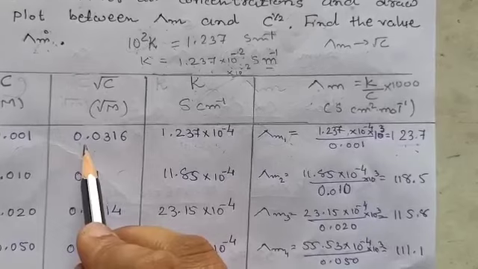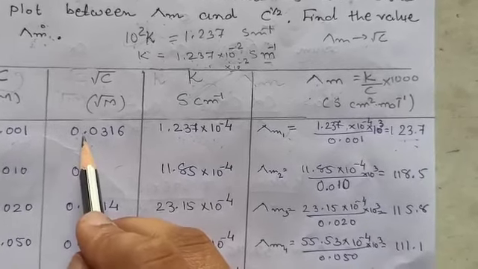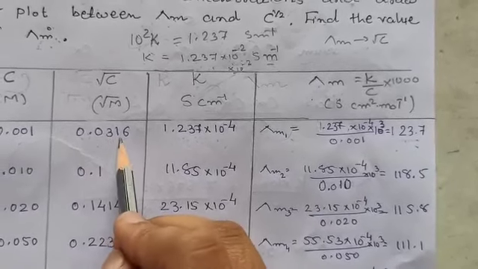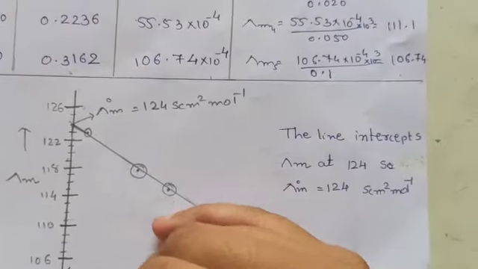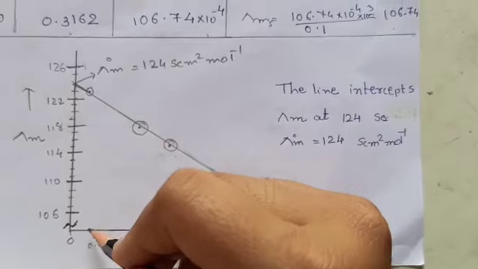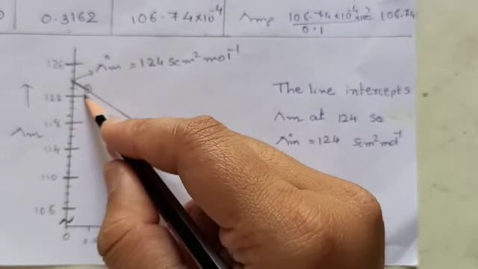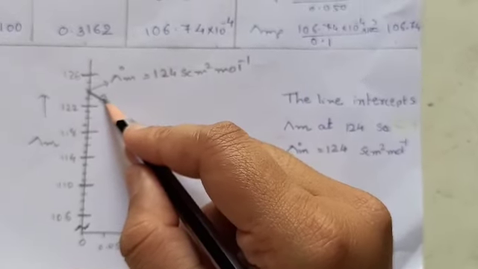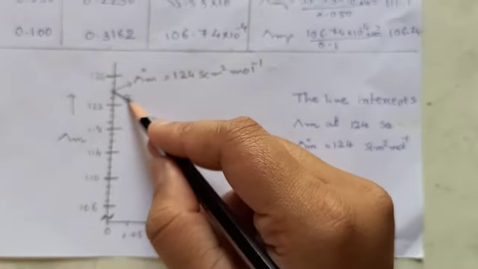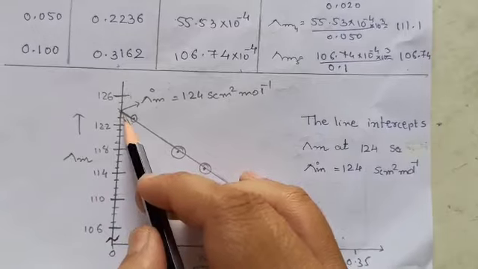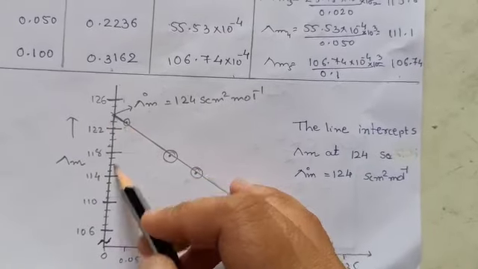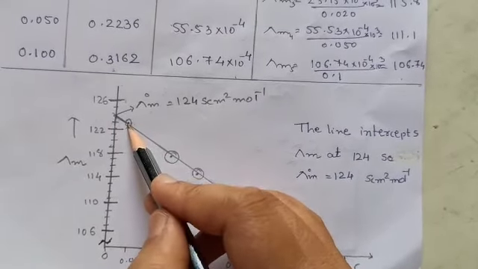First plot the point at 0.0316 and 123.7, alright? Suppose it is 0.03 for this. This is 1, 2, 3, and the intersecting point is our first value.